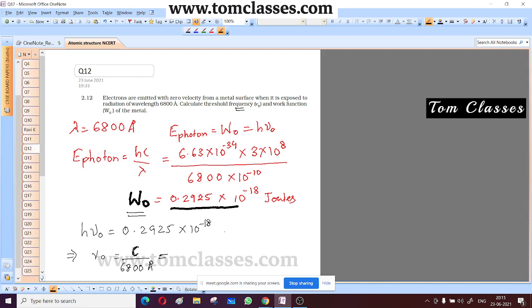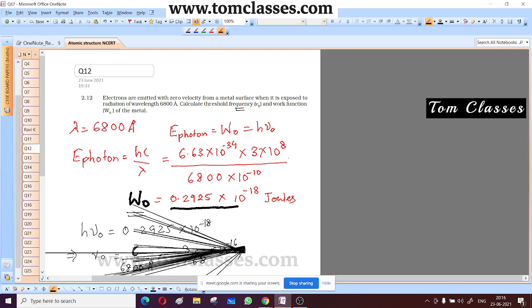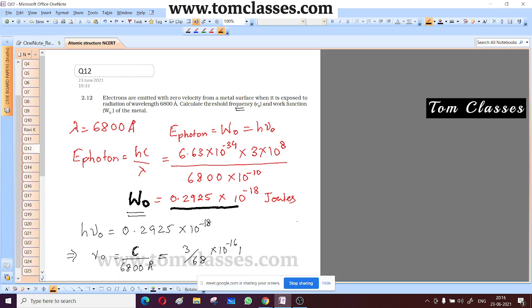So this value is going to be 3 into 10 to power 8, divided by 6800 into 10 to power minus 10, which is 3 by 68 into 10 to power 16 hertz.